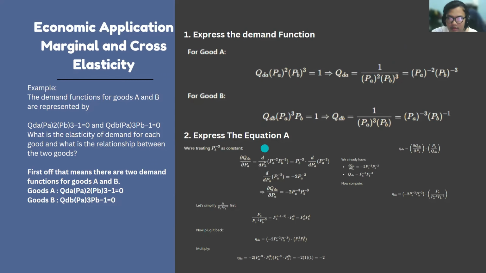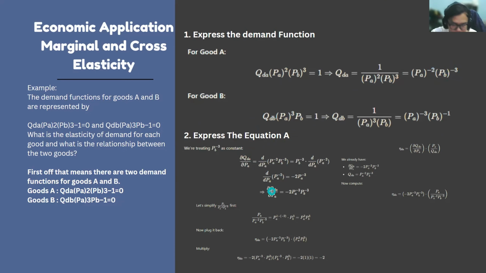First off, we need to work out equation A. First, we need to treat PB power minus 3 as a constant. Let's look at this, because we use equation A, that means we use the PB.